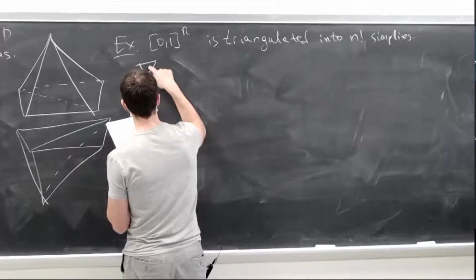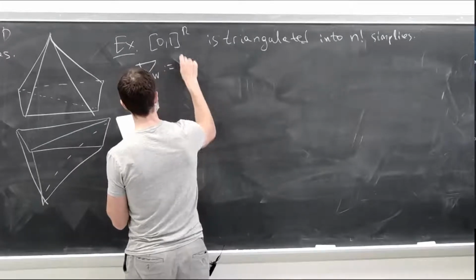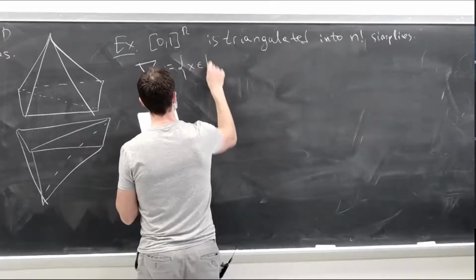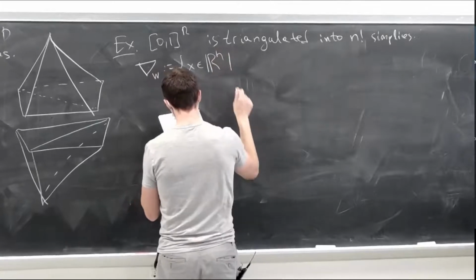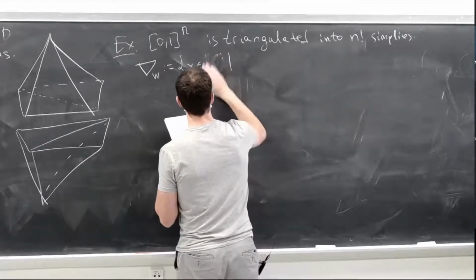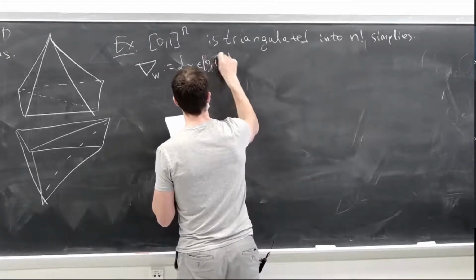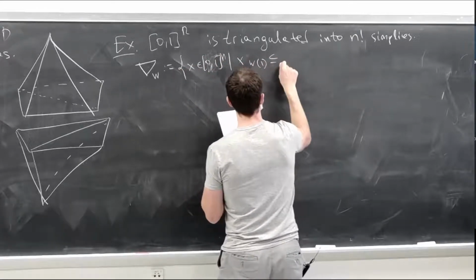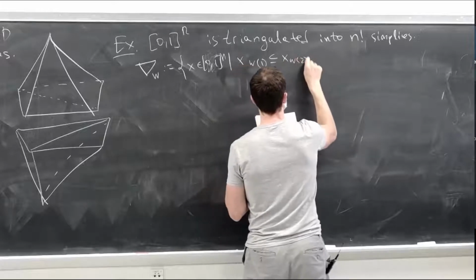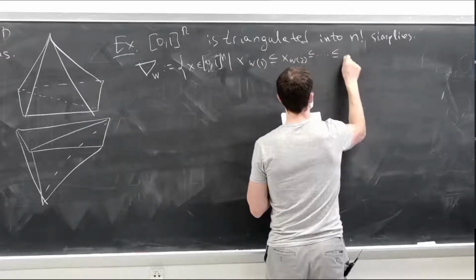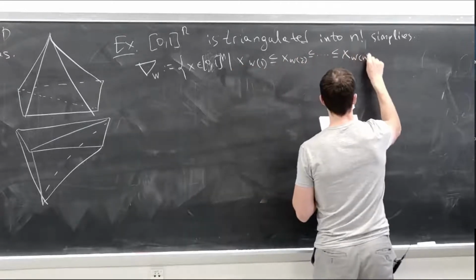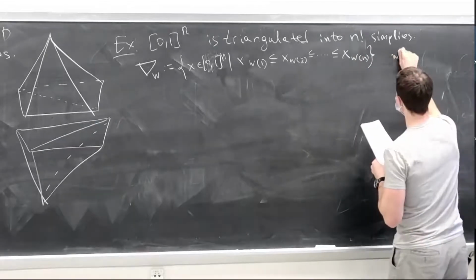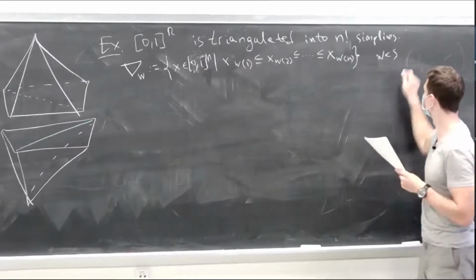So nabla sub w is my simplex and consists of all points in the cube such that x_w(1) is less than or equal to x_w(2), etc., less than or equal to x_w(n). So w here is a permutation in S_n.